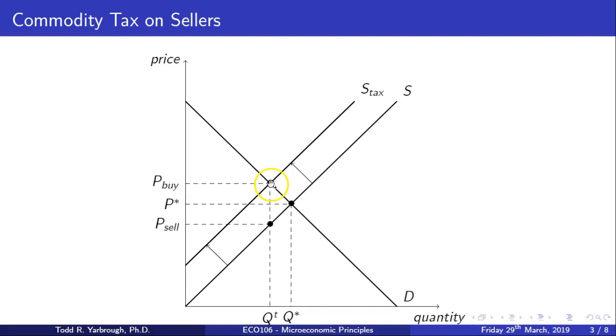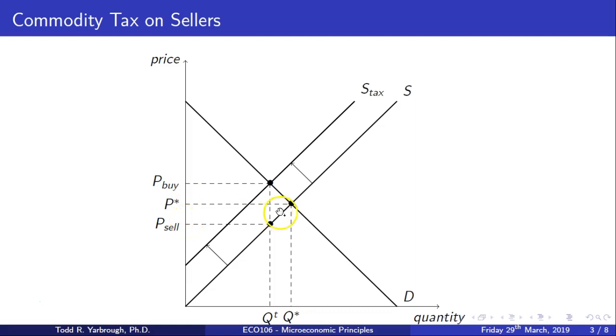We see that at this equilibrium, this is the price that consumers now pay for the product. We also see that this new equilibrium creates the price that producers receive for the product, which we see by P sub sell here. Notice that the price that consumers pay is greater than the price that producers receive for their product, of course with the government getting the tax in the middle.